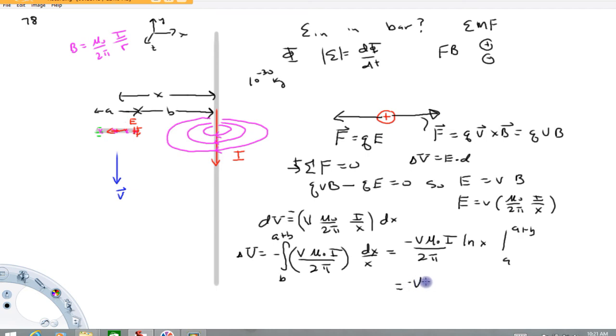So we're going to have minus v times mu sub 0 times I over 2 pi times the natural log of (a plus b) over a by the time we evaluate these limits. And there's a property that I'm using, and when we evaluate the limits, that'd be natural log of this minus natural log of this, all right? But by properties of logarithms, that's the natural log of the ratio. So there's an expression for the voltage difference between the right hand side and the left hand side of this little bar here.